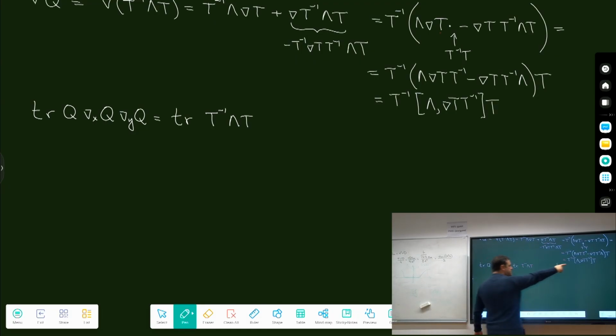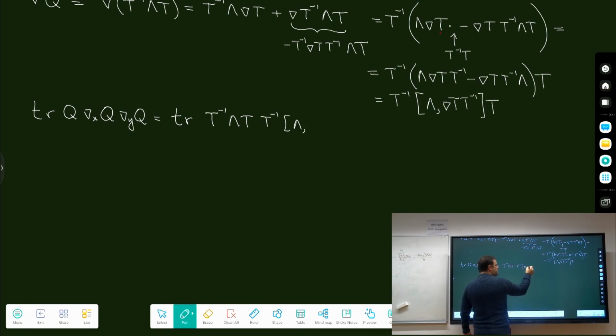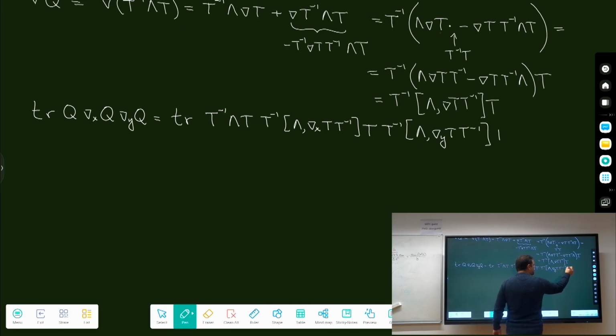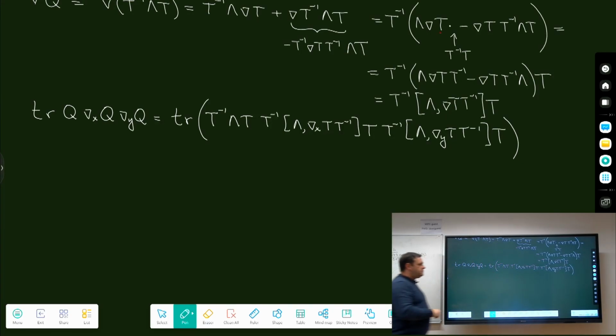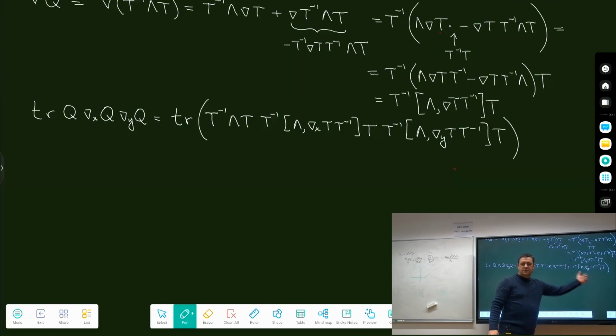Gradient x is T inverse commutator of lambda with gradient x, T inverse T, times another gradient, which is T inverse commutator of gradient y, T inverse T. This is Q, this is one gradient, and this is the second gradient.